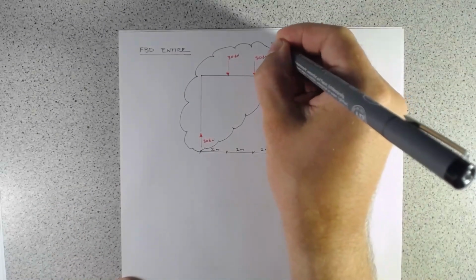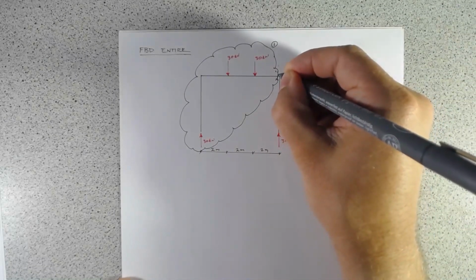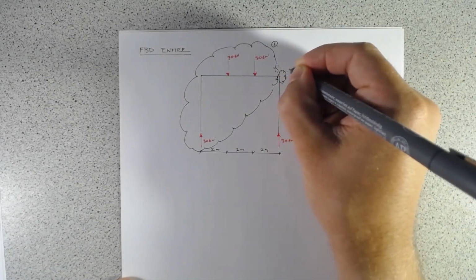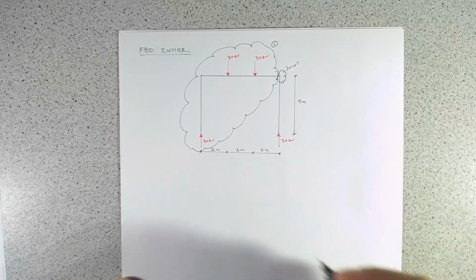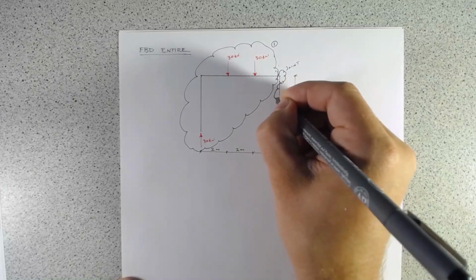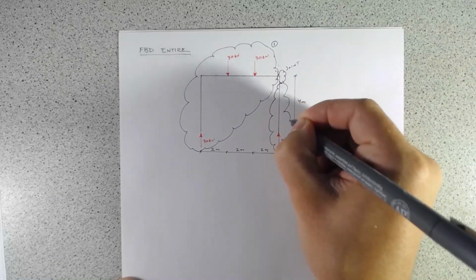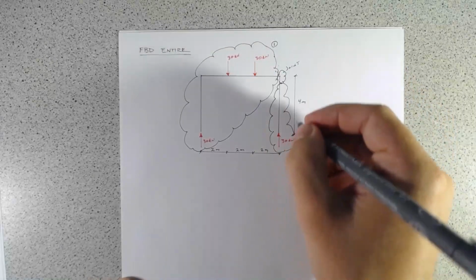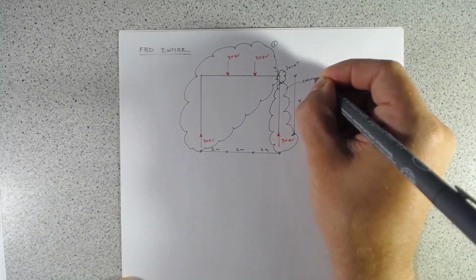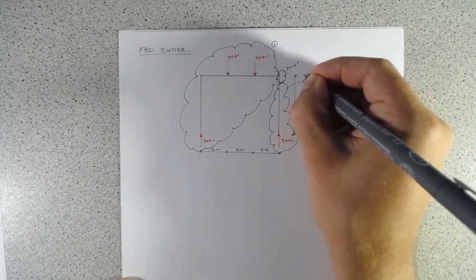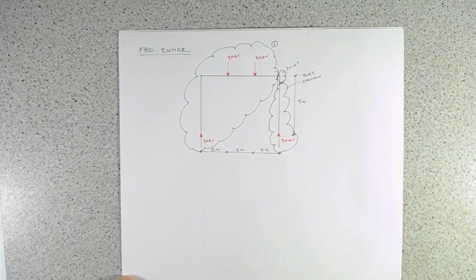I'll call that free body diagram 1. Then I'll do another cut, which is just at the joint. And then I'll do finally a third cut, which is just going to be the column. Maybe we'll just call that right-hand side column, RHS.